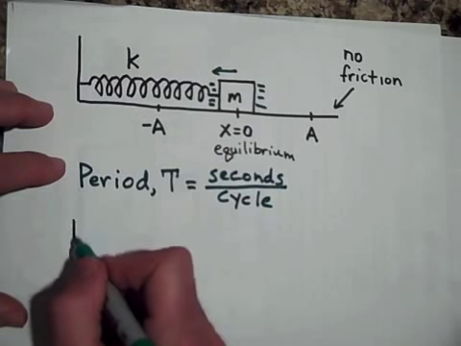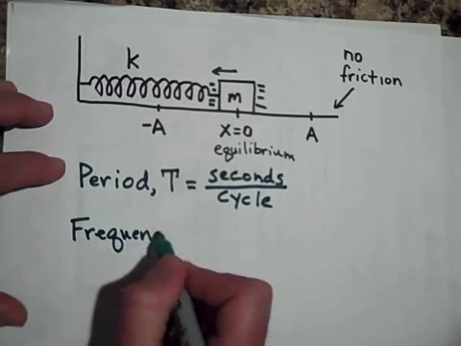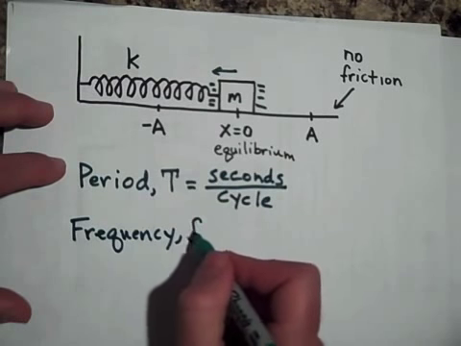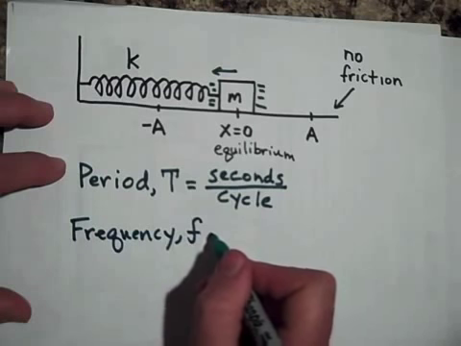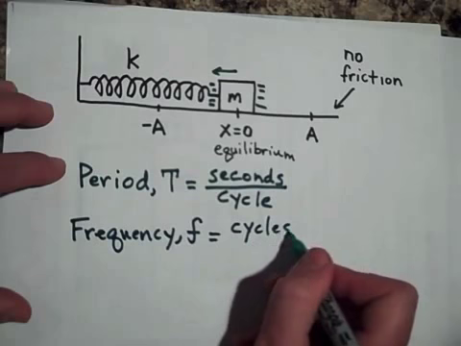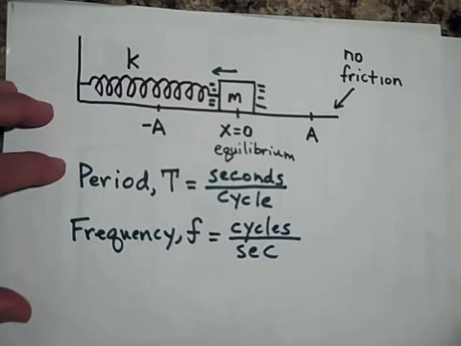We sometimes also talk about frequency. Frequency is designated with a lowercase f, and we're going to define that as how many cycles you make in 1 second. So it's the cycles per second.